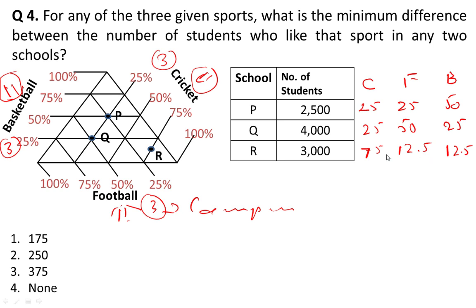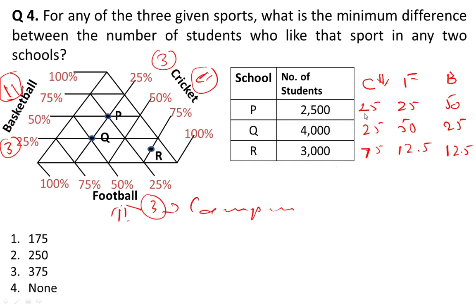Now is the question clear to all of you or not? For any of the given sports, what is the minimum difference between the number of students who like that sport in any 2 schools? So I need to find out the minimum difference of the number of students who like cricket from one school to another school.